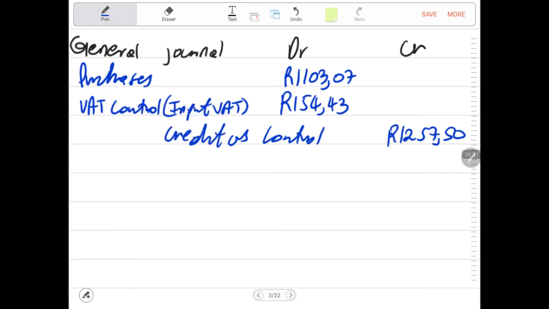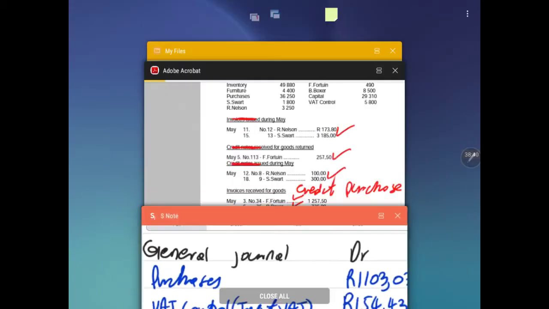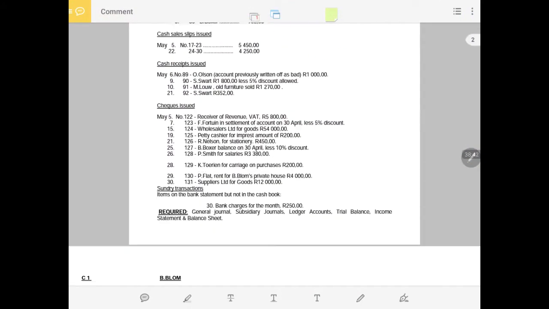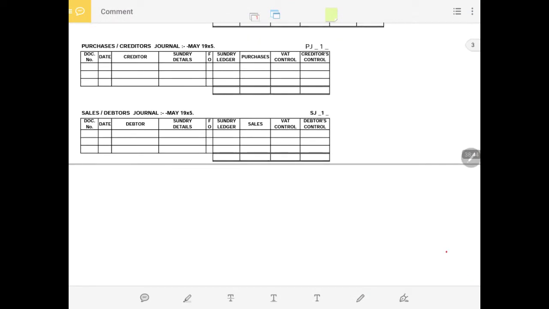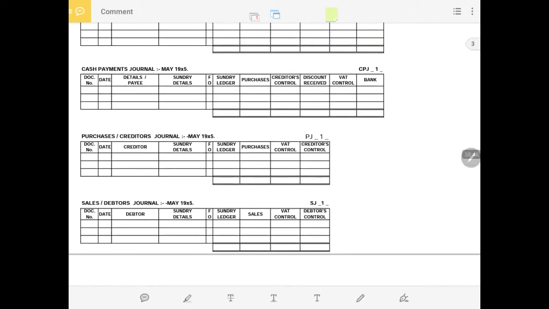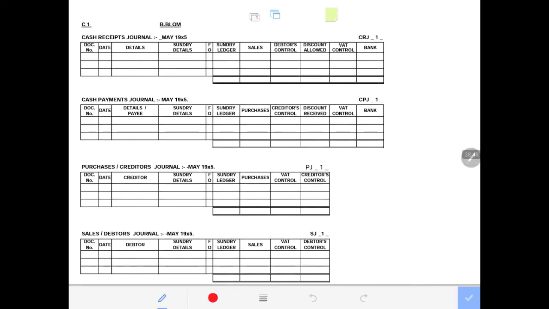Which journal? The purchases journal, because we bought inventory on credit, and in the purchases journal we record inventory that we bought on credit. So now we go to our purchases journal. We record as it's supposed to be. All figures will be positive.